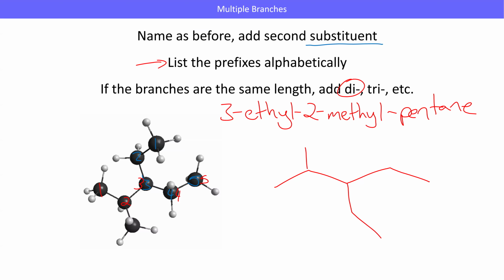When I first started teaching, I checked 3 different textbooks and got 3 different answers. So in that case, don't worry about it. As long as your name is unambiguous, don't worry about what order these are in. Matters where you put the numbers, but less so, did you say ethyl first or methyl first?